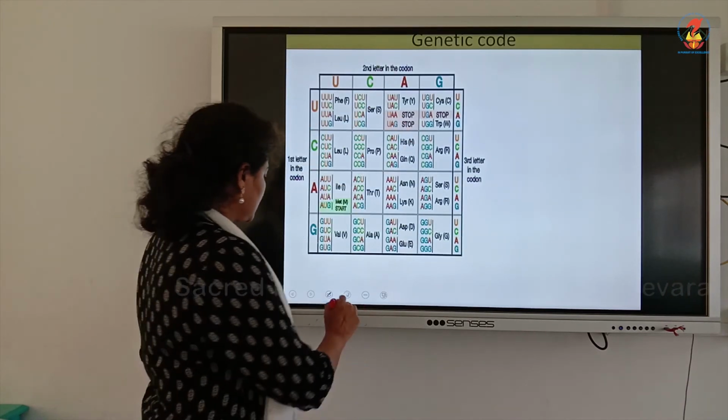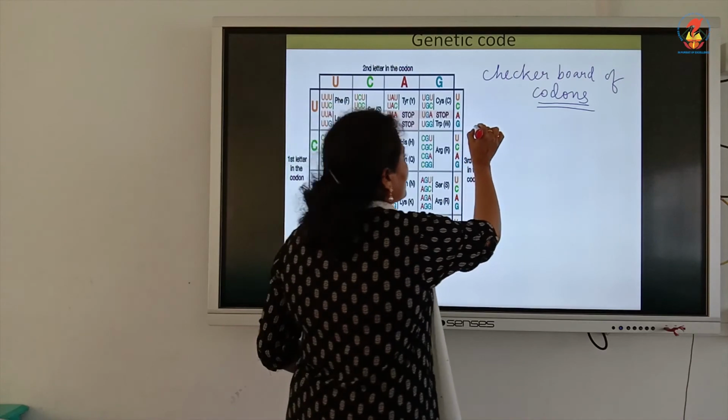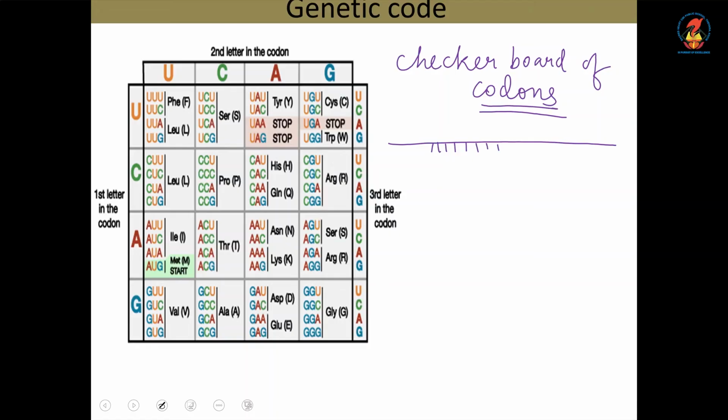So this is a genetic code, it is a checkerboard. It is a checkerboard of codons. Don't get confused, it's a checkerboard of codons. So what are you referring to? Codons. And what are codons? Codons are triplet bases found on the mRNA.